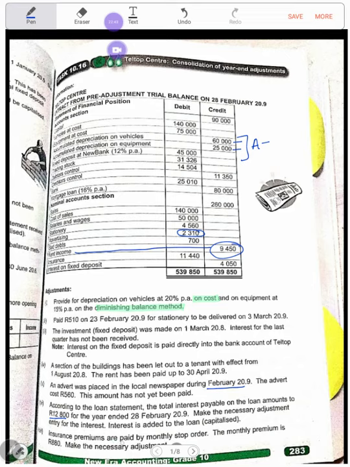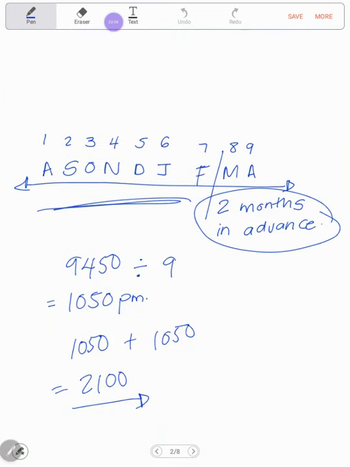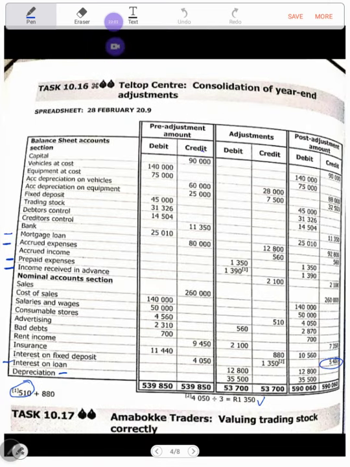The insurance premiums are paid monthly by stop order. The monthly premium is 880. Make the necessary adjustments. So stop order is a payment that is automatically taken off, and you can see that for insurance they automatically subtracted that 880. So remember, prepaid expense, I'm adding the 880 that was subtracted, and if we add that up, I should get 1,390.